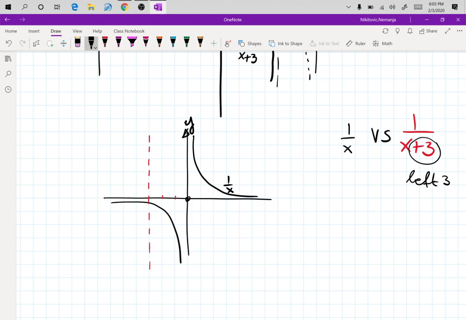So the whole thing moves to the left. I'm keeping the same shape, so I'm going to draw the 1 over x plus 3. And that is now shifted to the left 3 units. Better? Yeah.